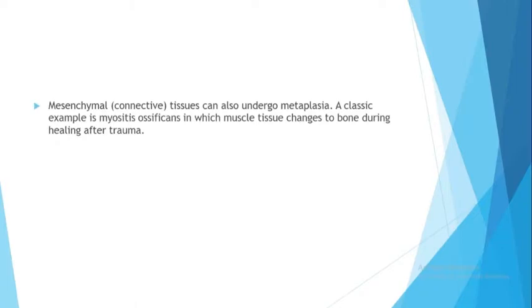Myositis means inflammation of the muscle. So inflammation occurs, and because of inflammation, the muscle cells will undergo metaplasia and be transformed from muscle cells into bone cells, and that's why it's called ossificans. And this is an example of metaplasia in mesenchymal or connective tissue.